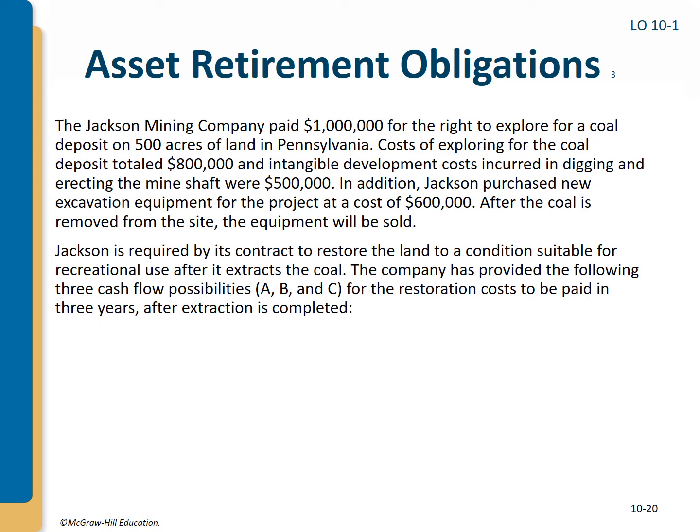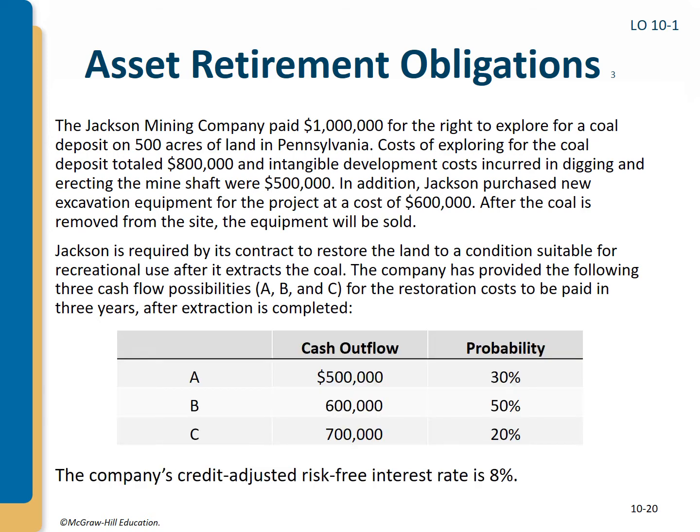The company has provided the following 3 cash flow possibilities for the restoration costs to be paid in 3 years after extraction is complete. Cash outflow A is $500,000, with a probability of 30%. The second option is an outflow of $600,000, with a probability of 50%.